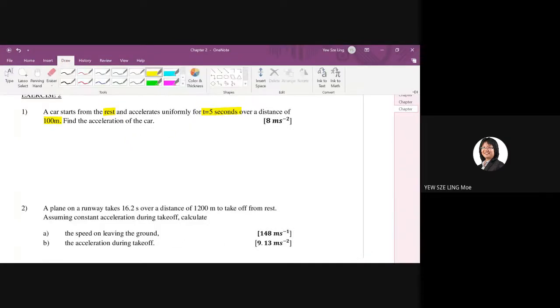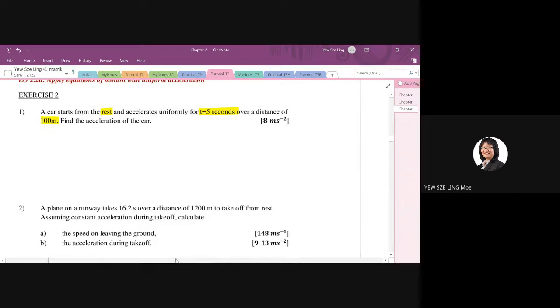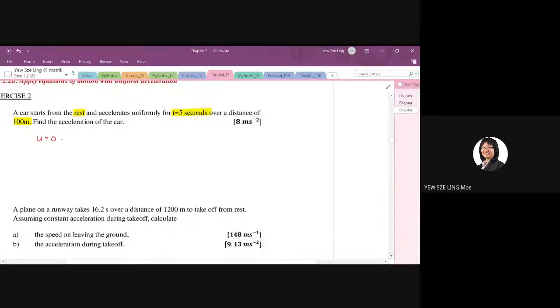Now I'm going to rewrite it in list form. I'm going to list out all of the information to see which equation can be used to solve this question. So first, let us start from the term rest. Like I told you just now, rest means u equals 0 m/s.